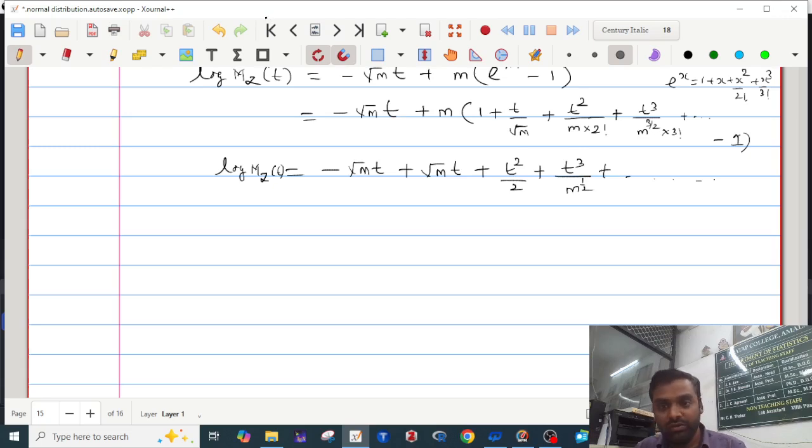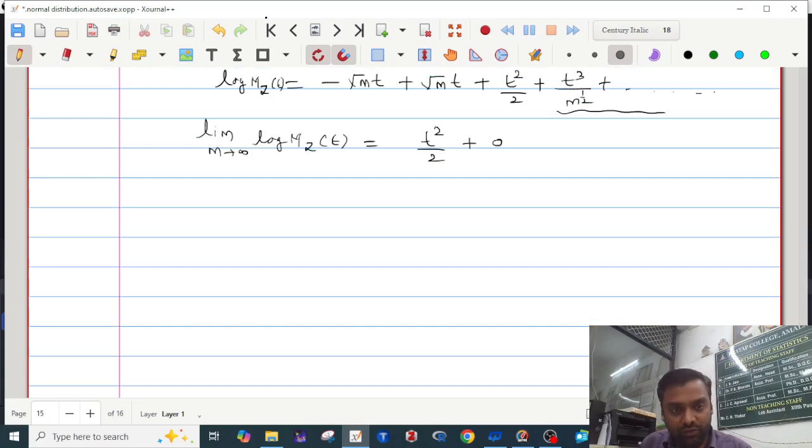If you take the limit as m tends to infinity, log of MZ of t, the root m t terms get cancelled. This is t square upon 2, and the limits of all the other terms will be 0.